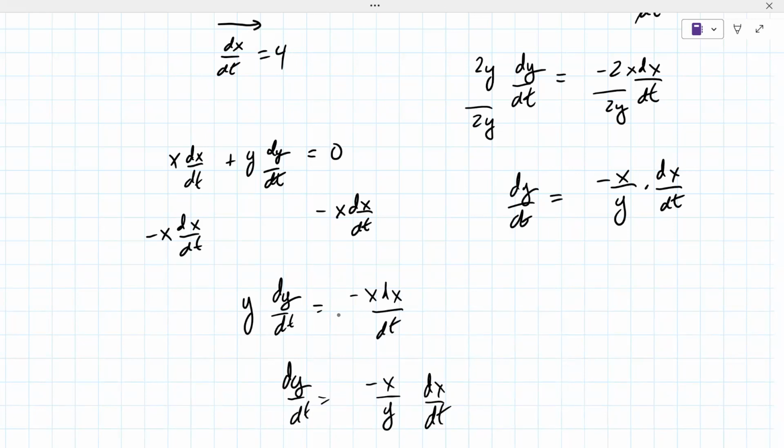It's minus x over y dx/dt. Yes. Okay. And then you're right, y is 5. So it should be minus 12 over 5 times 4. I think dx/dt is 4. Yes.